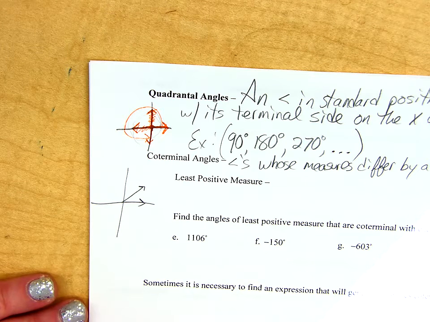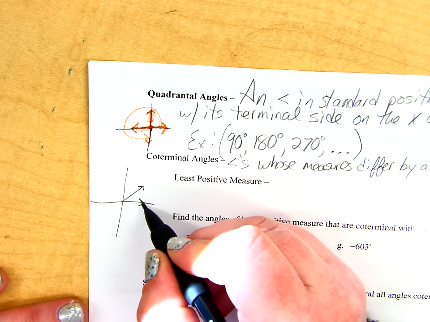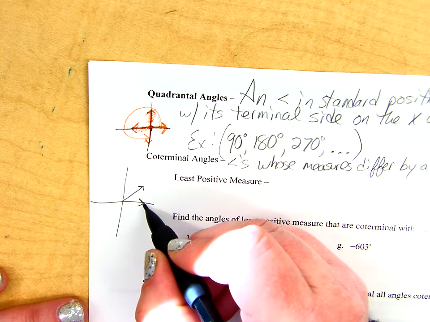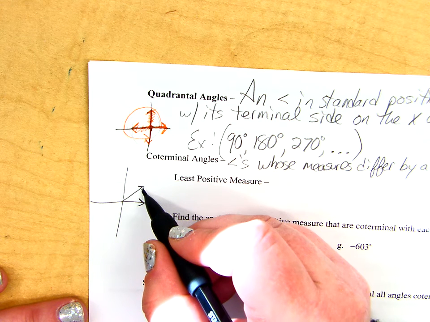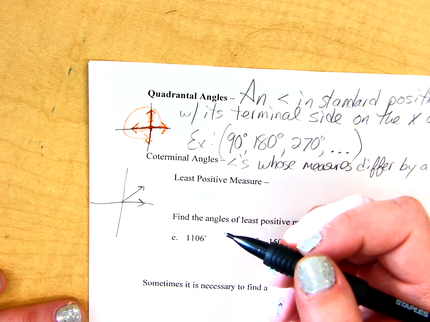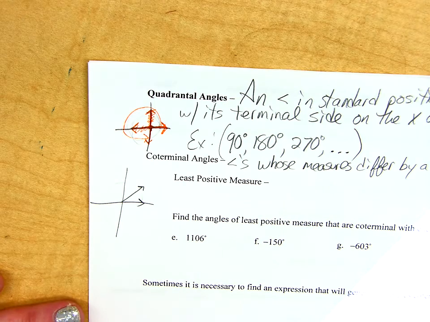Well, I'd have to swing it all the way around 360 degrees and then 40 more. So wouldn't you end up with the exact same angle? Do you see that? Those are what we refer to as coterminal angles.